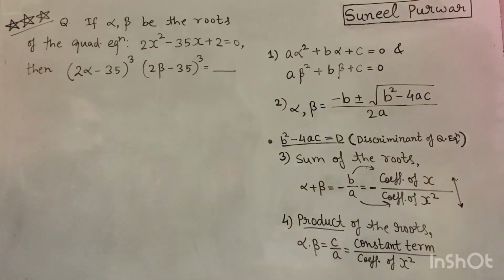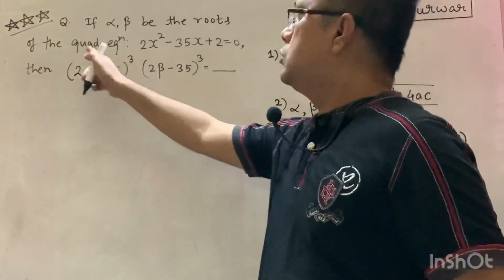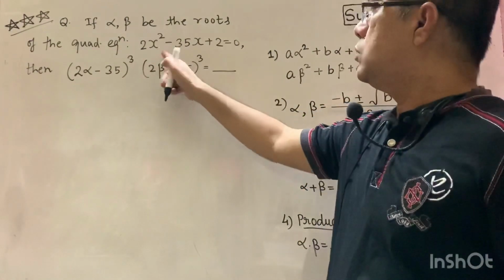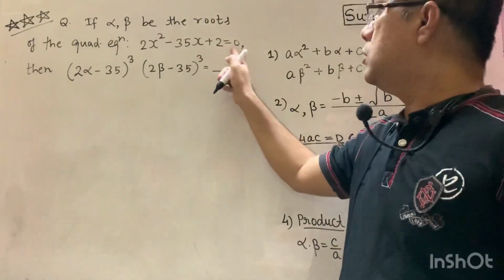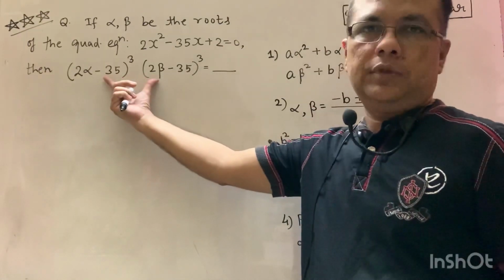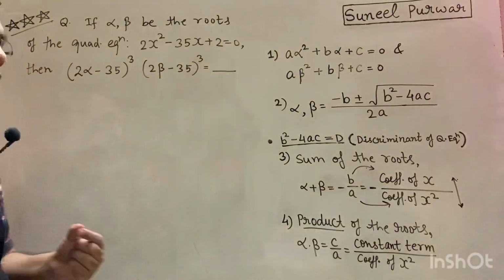Then see this question. If alpha, beta are the roots of this quadratic equation, 2x square minus 35x plus 2 equal to 0, then you have to tell this value. So here we are going to use the very first point.